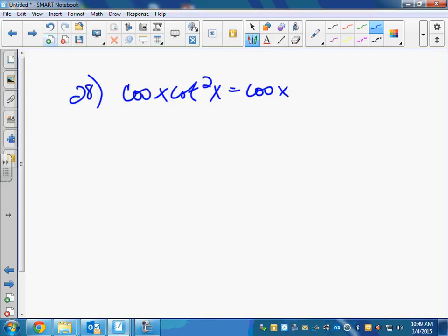And the directions say find the solution of the equation that are in the interval from 0 to 2 pi.